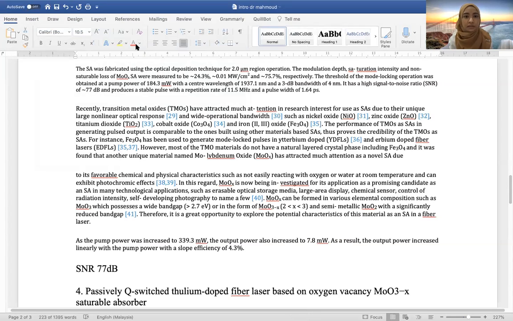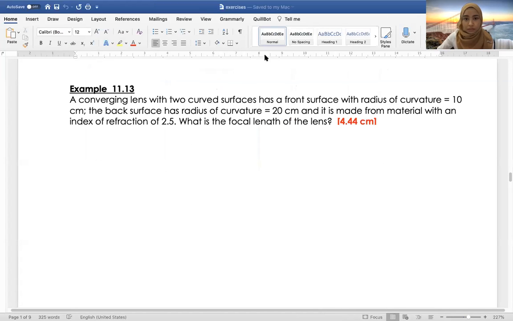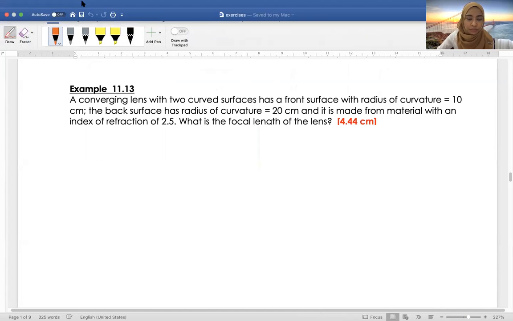So a converging, oh belum share lagi. Stop share. Sharing. Okay. Okay. A converging lens with, sekejap, I'm muted. Okay lah. Tak dengar semua orang. Sorry, ada questions tak? I forgot again. I muted you guys. Any questions? Yeah, is everyone okay? I'm going to continue.